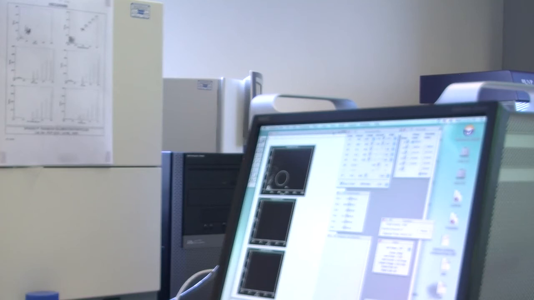Okay. Yes, so you have to put PBS in there to resuspend with the pipette, and then transfer.